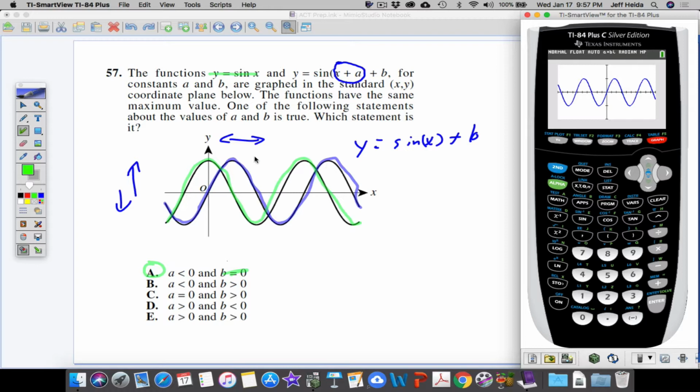And the reason that you know a is less than 0, you don't, because you could shift it this way, or you could shift it that way. With a trig function, you know a is not 0, but you don't know whether it's positive or negative because you can slide this function left or right. I know it's confusing. We'll spend some time talking about trig functions in our review, but the key here is the plus b makes the function go up and down, and the only answer that it can be is A.